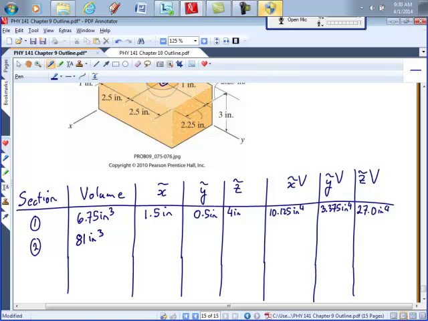Inches cubed. And its centroid is going to be fairly easy because it's got one corner right on the origin. So the x is going to be half the distance to the far side, so that's going to be one of these, 2.25 inches. The y bar is going to be half of that 6 inches.